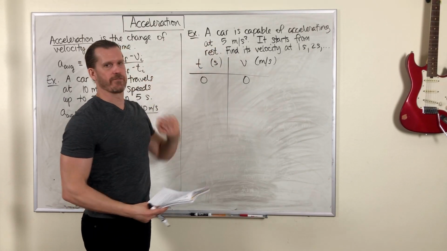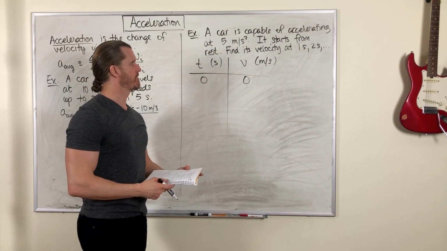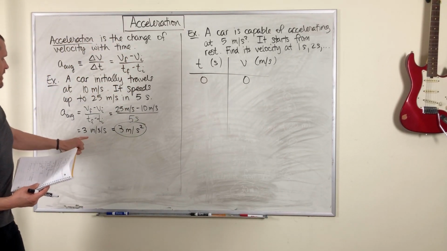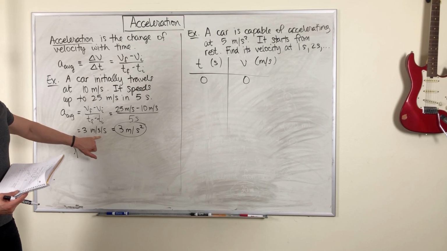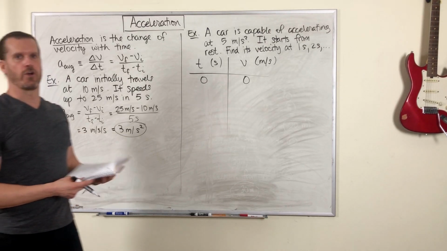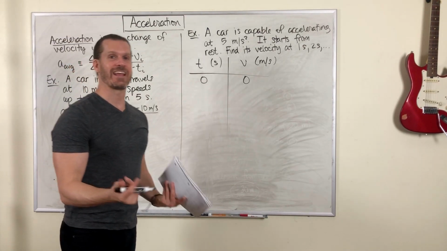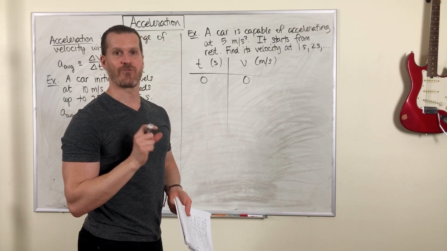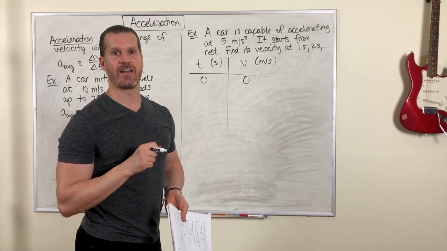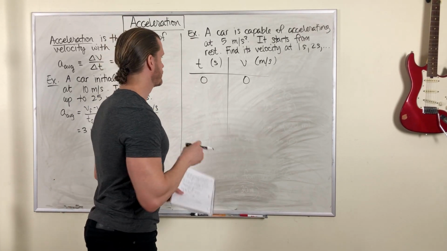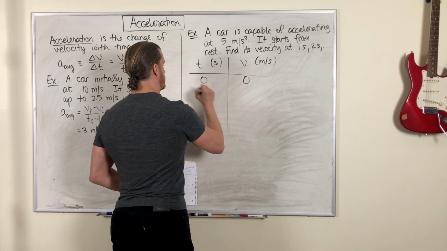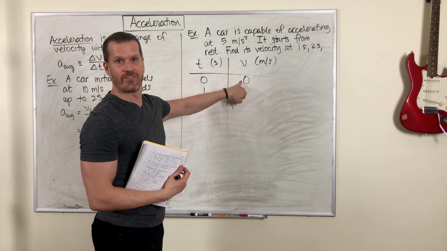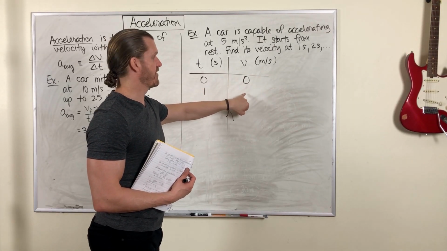So let's think about what this 5 meters per second squared means. 5 meters per second squared is the same as 5 meters per second per second. In other words, for every second of time that elapses, this car can increase its velocity by 5 meters per second. That means after 1 second, it can increase its velocity by 5 meters per second.